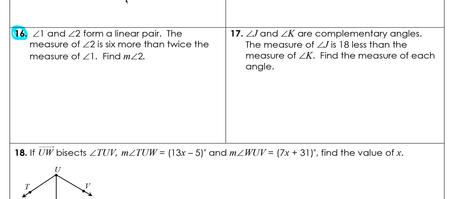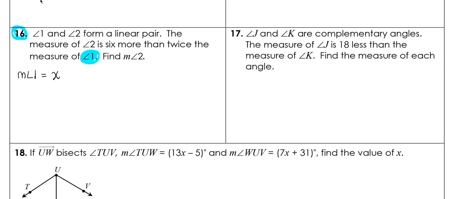First thing I asked myself is, what angle does it tell me nothing about? Well, it says the measure of angle 2 is 6 more than twice the measure of angle 1. Find the measure of angle 2. It tells me nothing about the measure of angle 1. The measure of angle 1, that's your x value. Okay, so that's where you're starting.